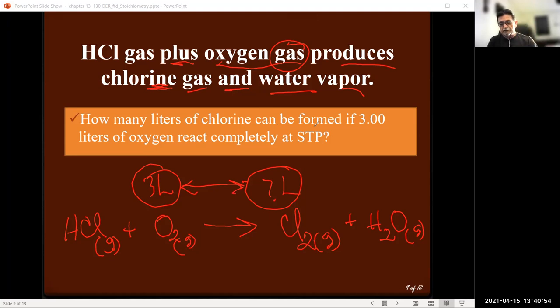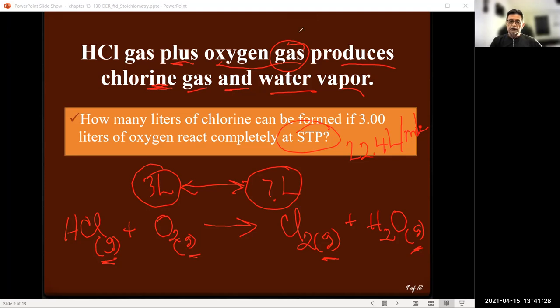Now, the other thing is this. We are at STP. Being at STP tells us we can use a 22.4 liter per mole relationship. Now, the interesting note here, I want you to remember, guess what? We are in gas phase all the way around. All the reactants are in gas phase, all the products are in gas phase. So that might be good information to know here as we proceed with setting this up.